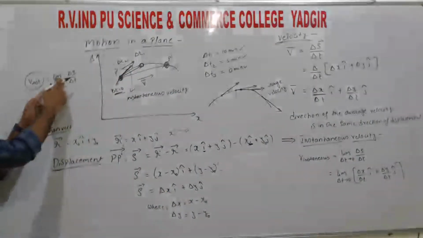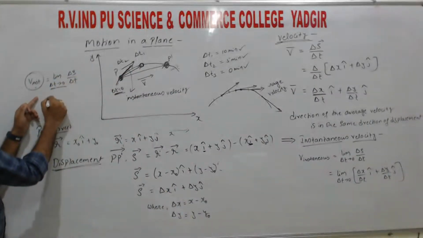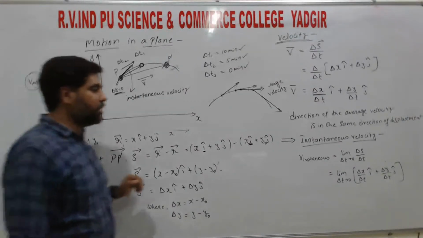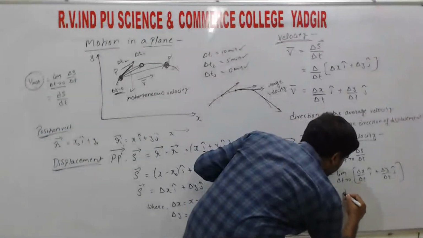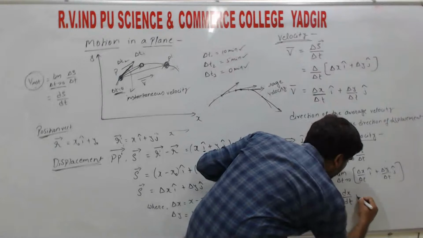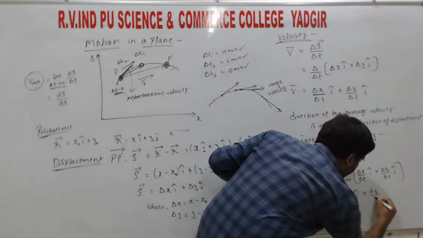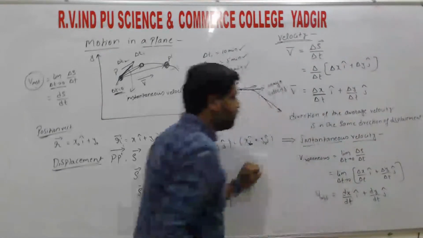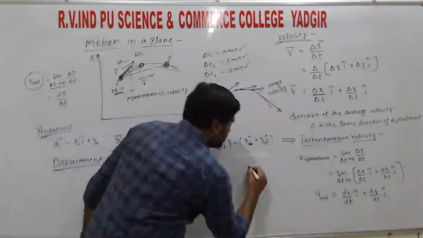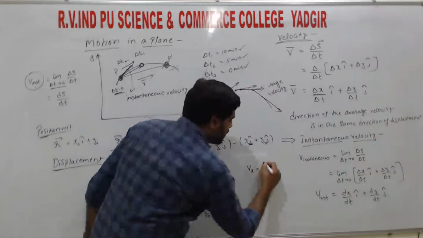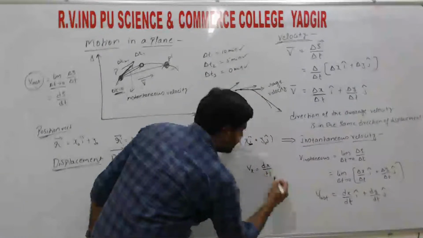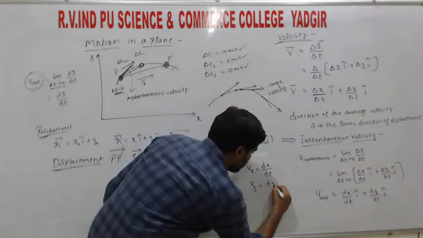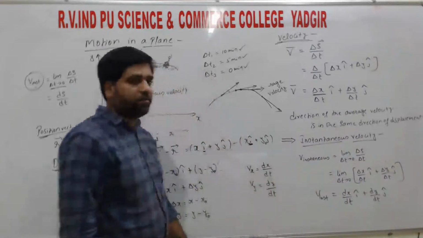We wrote this limit form as dx by dt, that is in the form of differential. So same here, dx by dt i cap plus dy by dt j cap. So this gives the instantaneous velocity, right? So the instantaneous velocity along the x-axis is dx by dt, and along the y-axis is dy by dt.